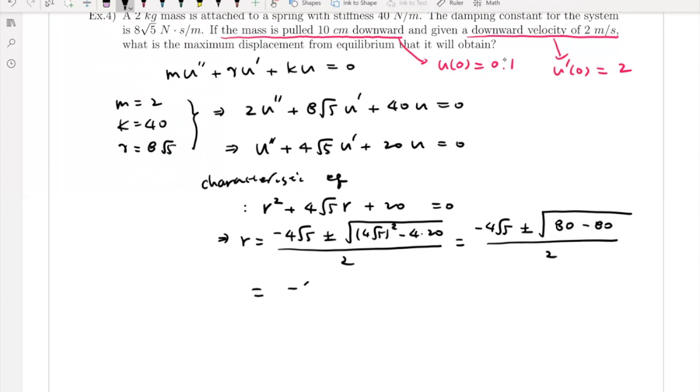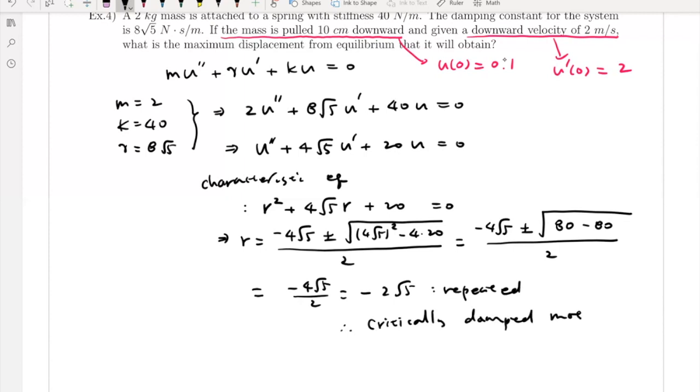That is equal to negative 4 square root of 5 over 2, which is negative 2 square root of 5, okay? Which is repeated, right? What does it mean? This is the critically damped motion, right?